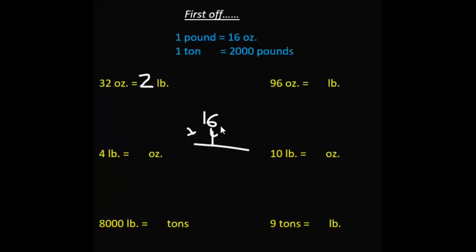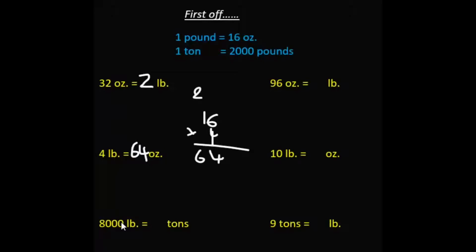So, not 2, sorry. We have 4 here. Okay. So put the 4 here, and then bring the 2 up here. 4 times 1 is 4, plus 2 is 64. So 4 lbs equals 64 ounces.